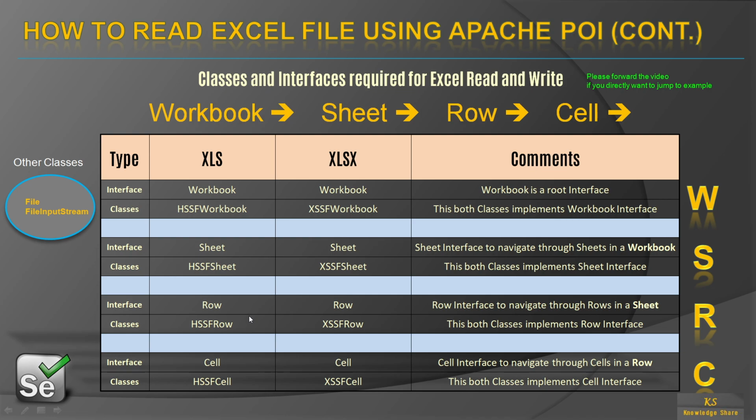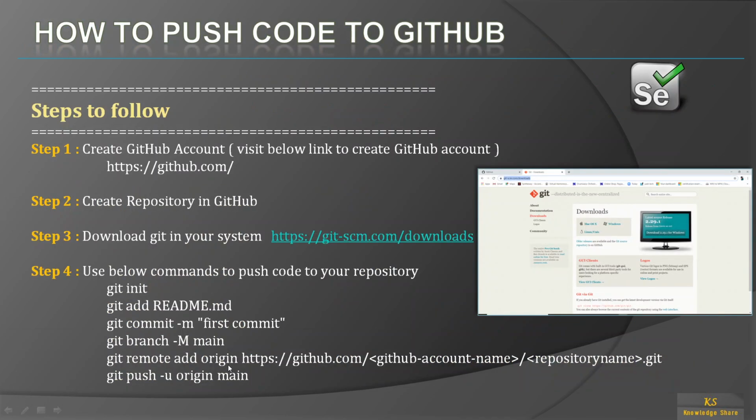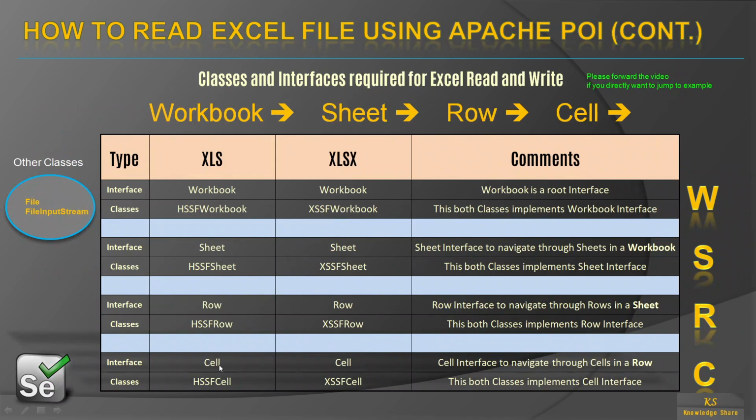And then once you navigate to the row, you'll be looking for a value that you need. For that, you'll need a Cell interface, and again the HSSFCell and XSSFCell classes implement this Cell interface. That's how this works.